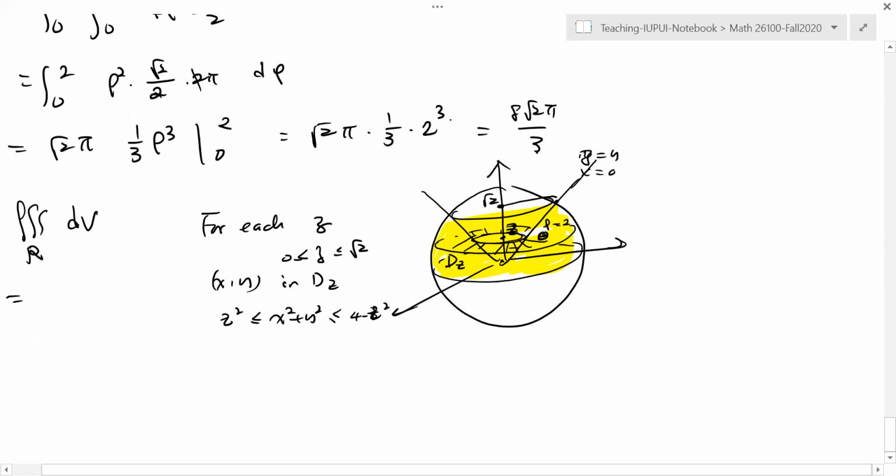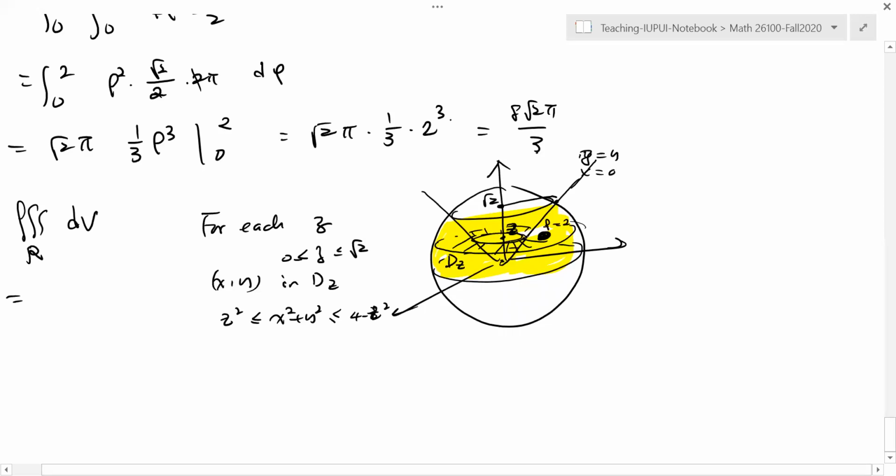Look at this point on the disk, right? z is fixed. When z changes, you get a family of disks from top to bottom. So this is inside the sphere. That's why x squared plus y squared should be less than or equal to 4 minus z squared, because when equal to 4 minus z squared, this is the point on the sphere.